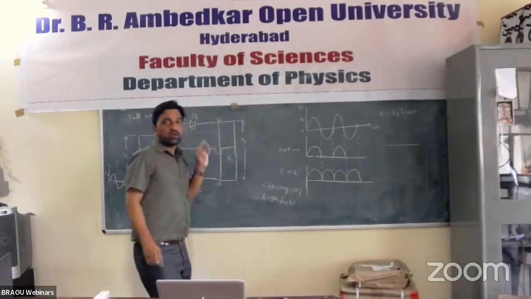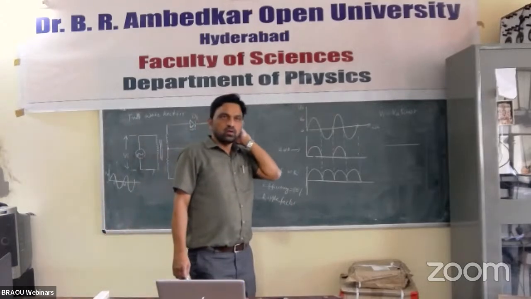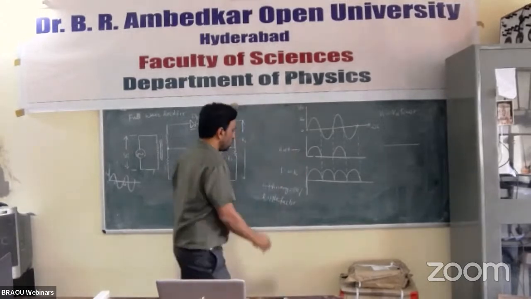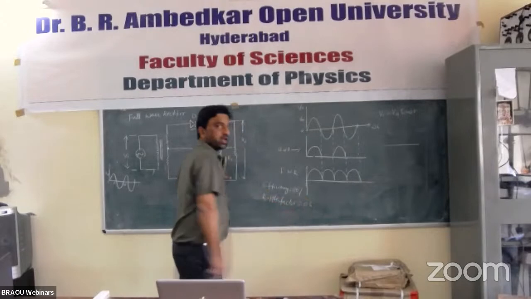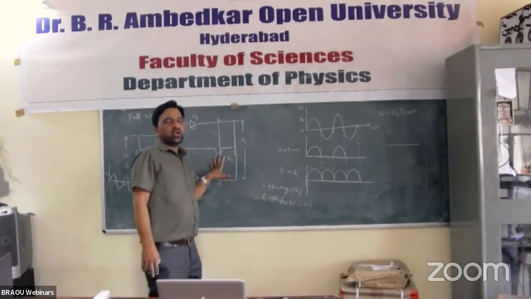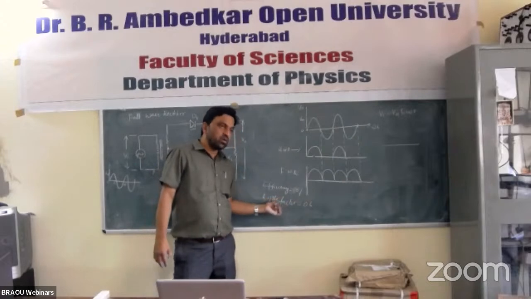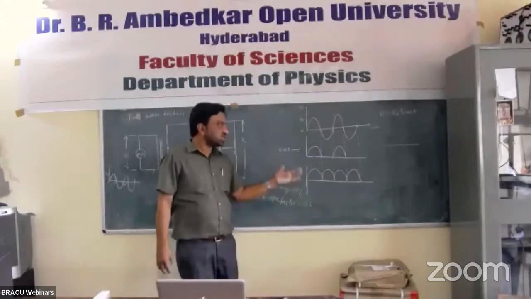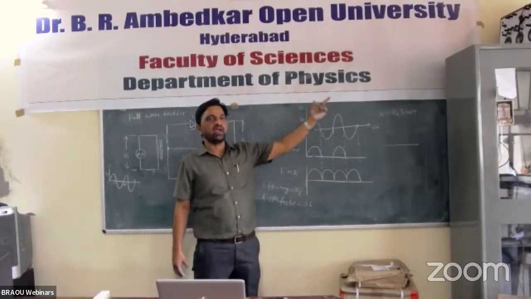What is the ripple factor you have? 0.6. So 0.6. What is the ripple factor of the half wave rectifier? 1.21. Has it been drastically decreased or not? What is ripple? Ripple factor means the percentage of AC voltage which is there in the output. Previously it is very high.